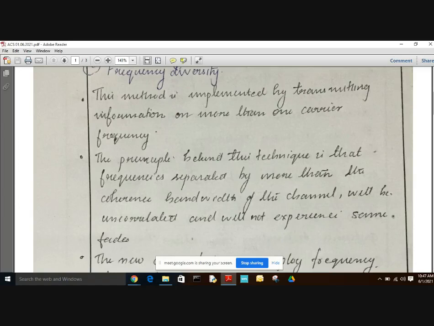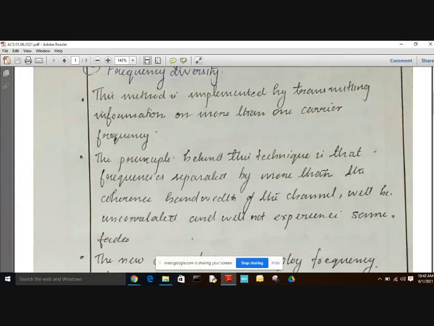So what do you mean by coherence bandwidth? Coherence bandwidth is a range of frequencies over which the channel can be considered flat, that is, a channel which passes all spectral components with equal gain and linear phase.